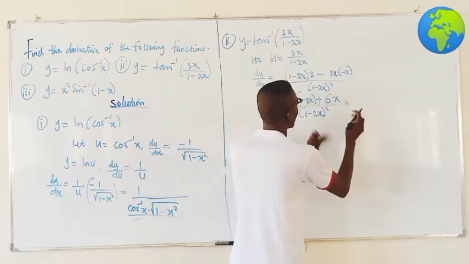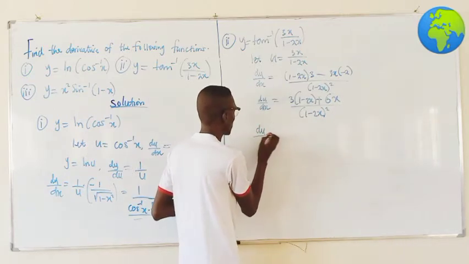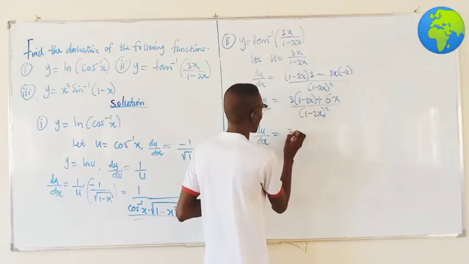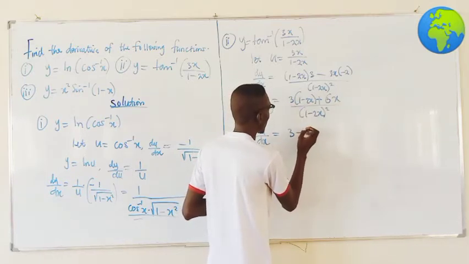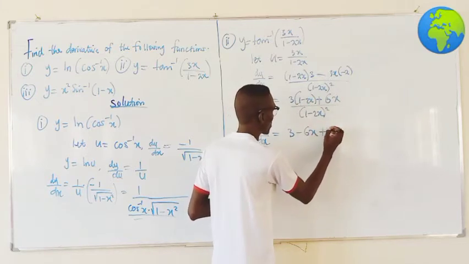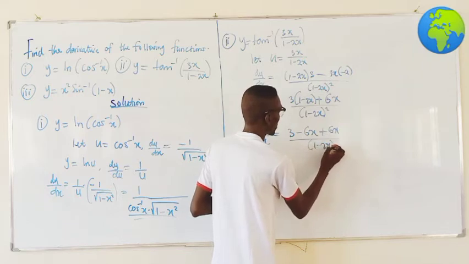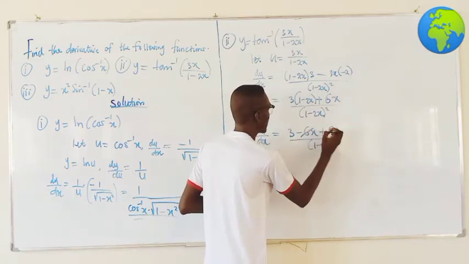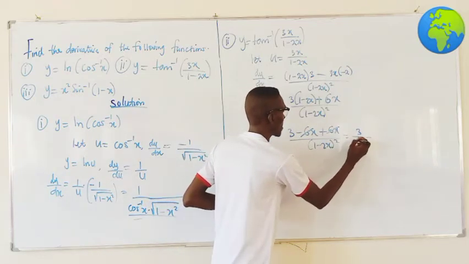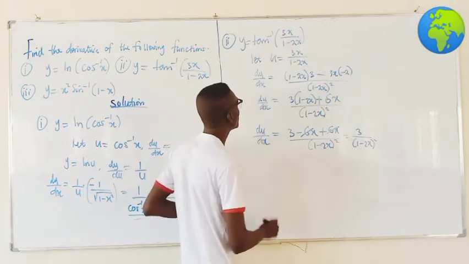Let me just write this here and continue managing this portion. du dx is equals 3 times 1, that is 3. 3 times minus 2x is minus 6x, then I have plus 6x. This is all over 1 minus 2x all squared. 6x cancels out with this. I'm left with 3 over 1 minus 2x all squared. This is our du dx.